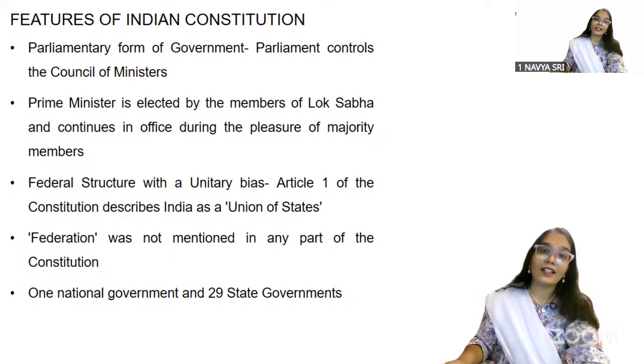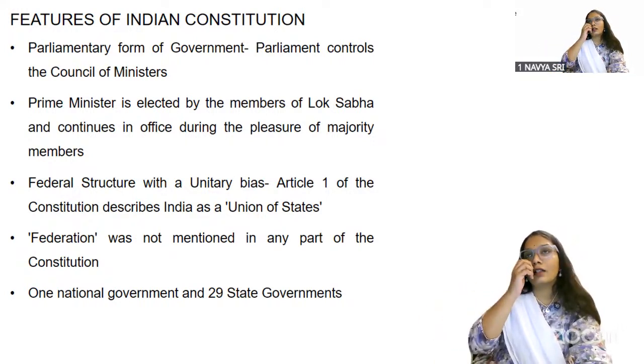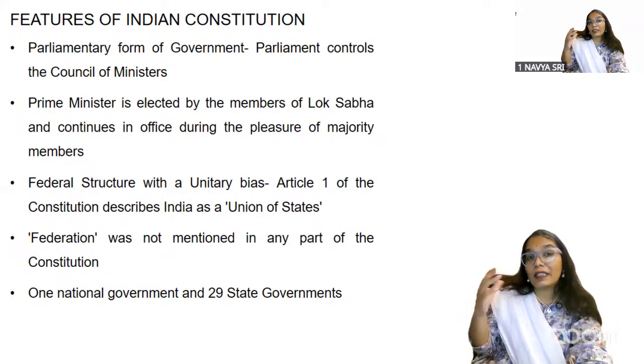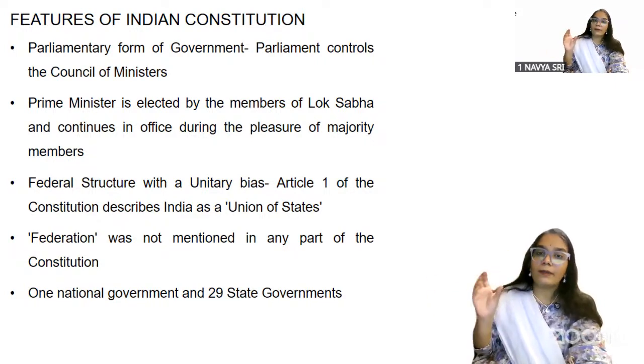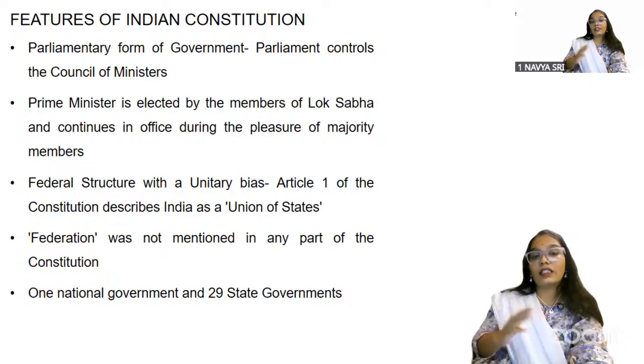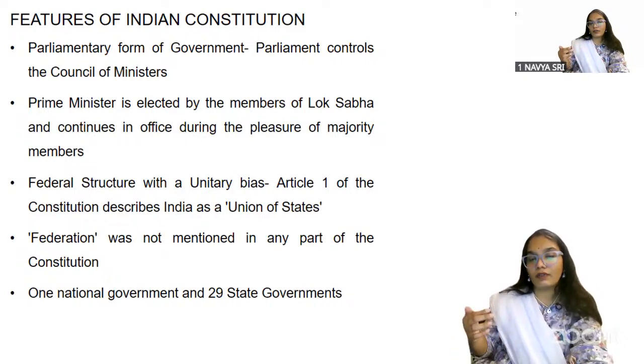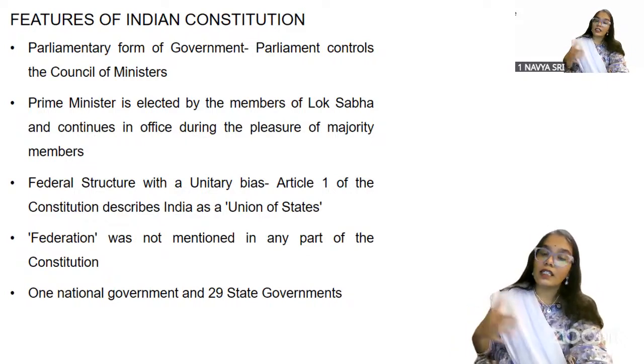You also should understand there are certain words whose meanings are not defined in the Constitution of India. Per se, leave alone meaning, the word as such has not been mentioned. One such word is federation. This federation as a word is not mentioned in any part of the Constitution.